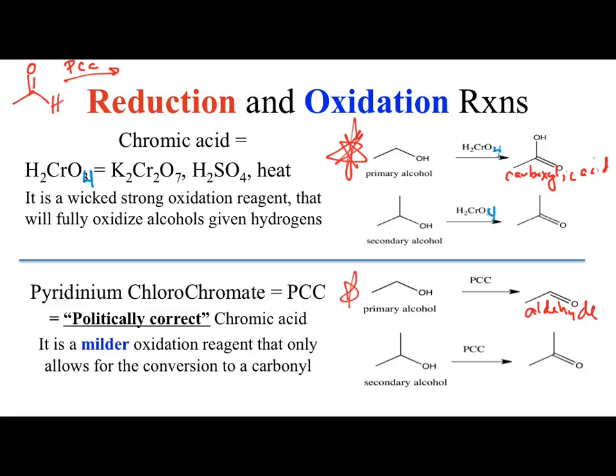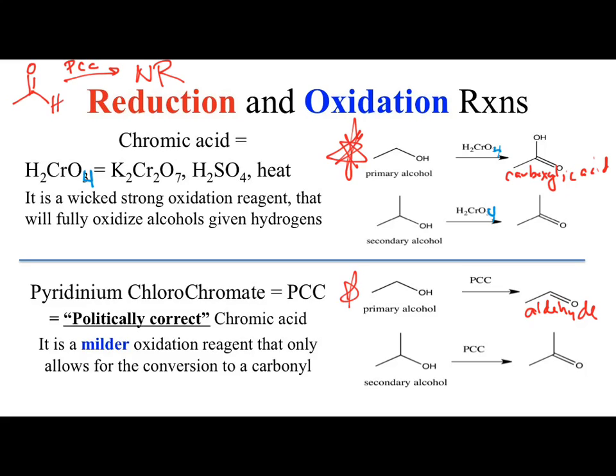That's why when it reacts with our primary alcohol, it stops at the aldehyde. If we add PCC to an aldehyde and it takes it to the carboxylic acid, then when I add PCC to an alcohol, it should take it to the carboxylic acid as well. Okay? So an aldehyde, when mixed with PCC, does not react, and we don't see that oxidation step.